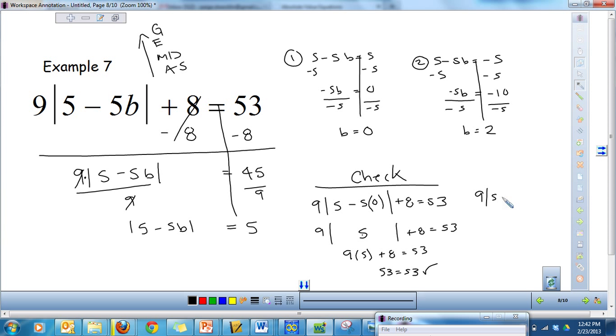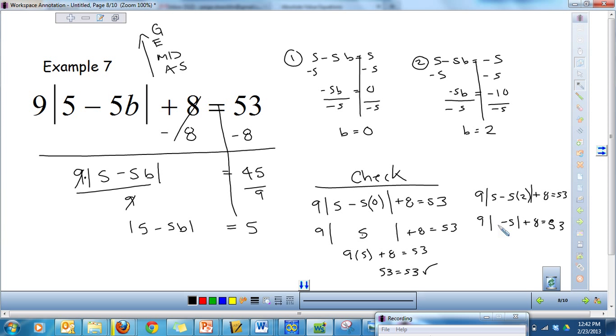9 times the absolute value of 5 minus 5 times 2, plus 8. Does that give us 53? Well, 5 times 2 is 10, and 5 minus 10 is negative 5. This is isolated now.